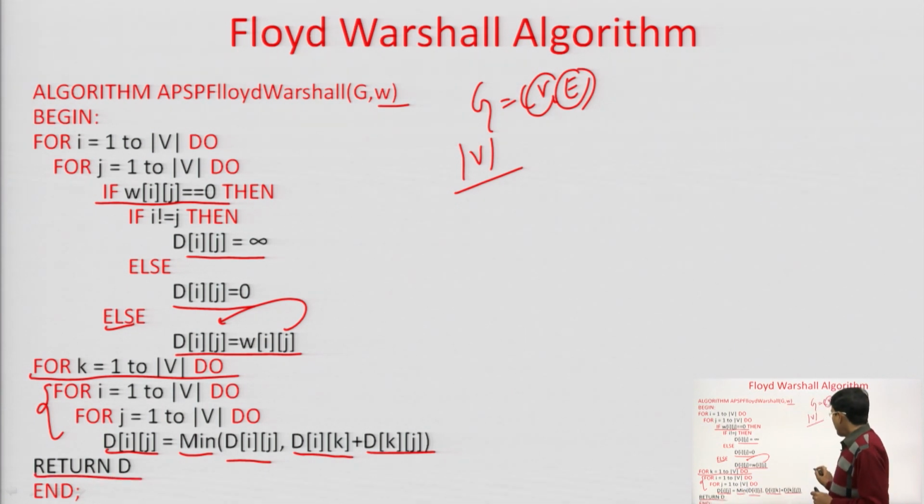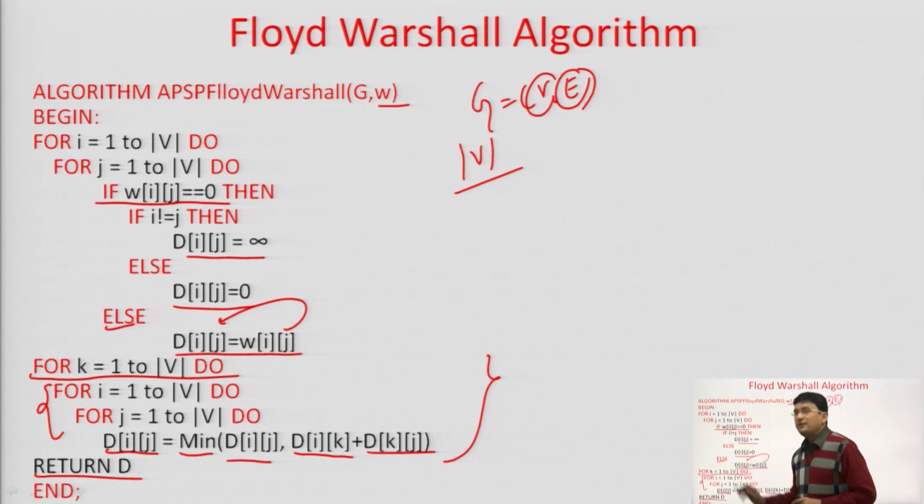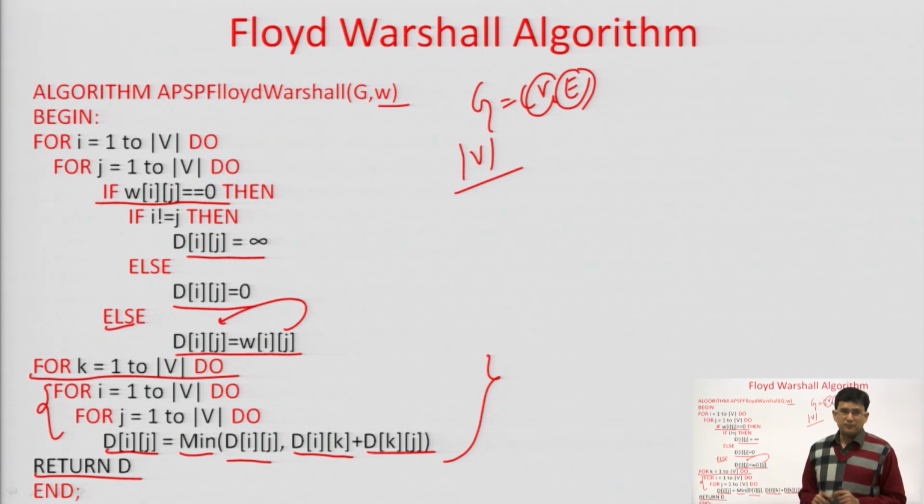So the major point of the discussion would be these points wherein you have taken every vertex as a mediator once. You have taken vertex number 1 as a mediator one time, you have updated all the matrix entries. Then you have taken vertex number 2 as a mediator, updated all the entries. You have taken vertex number 3 as a mediator, you have updated all the entries.